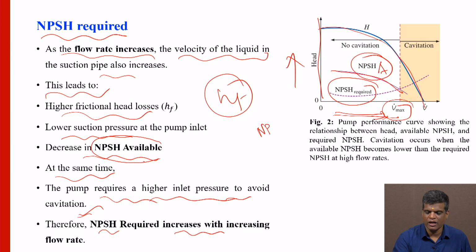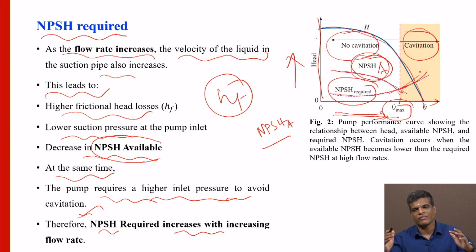Whenever the required increases and the available decreases, then cavitation starts. Whenever the available is very high, there is no cavitation on this side. But whenever NPSH required is increasing with respect to volumetric flow rate, then there is cavitation. That is how the graph is explained.